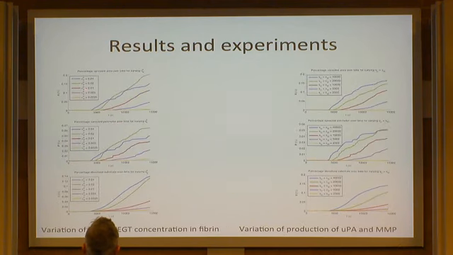Here we also played with the vascular endothelial growth factor. If you look at the volume, indeed, the higher the concentrations, the higher the gradients become. So the more chemotaxis you have, the faster the vascularization. That's also what we see here. If you look at the volumes, then it's okay, right?